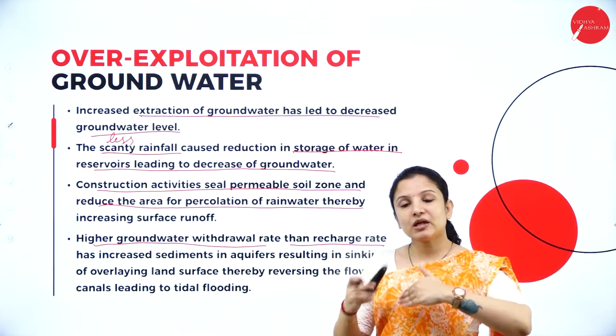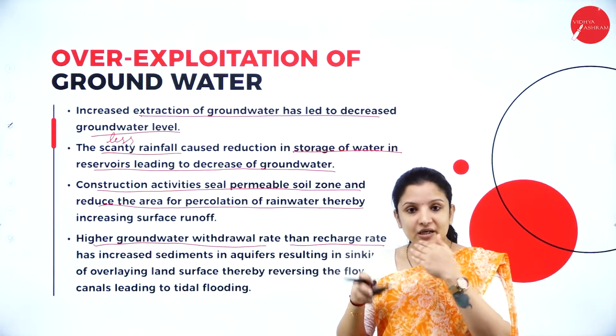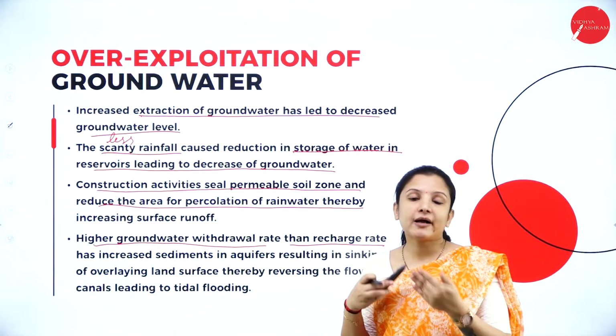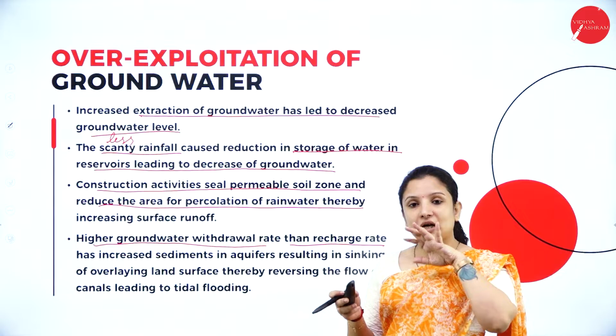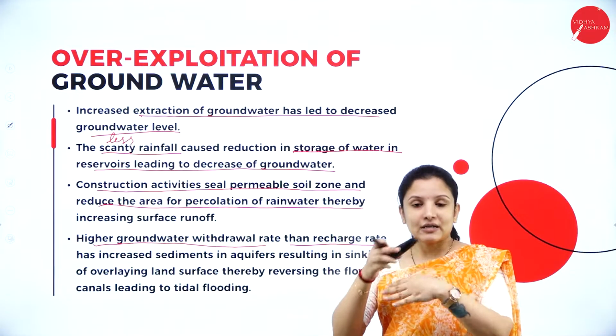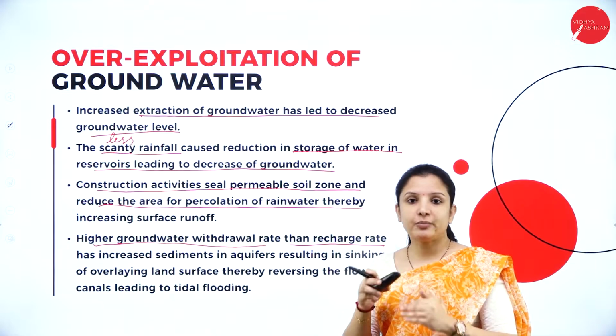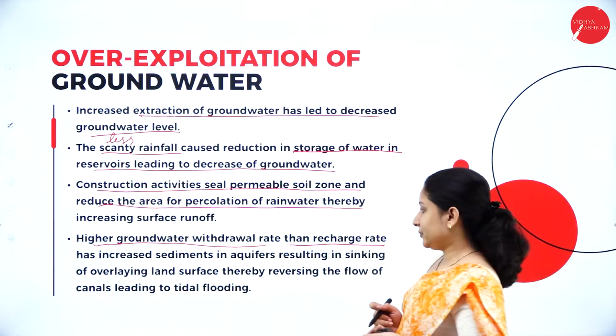Therefore, the time given for the groundwater to replenish and come back to its original level has drastically reduced. But people are continuously making use of the groundwater and not allowing it to fill back. That is one of the reasons why groundwater is depleting.